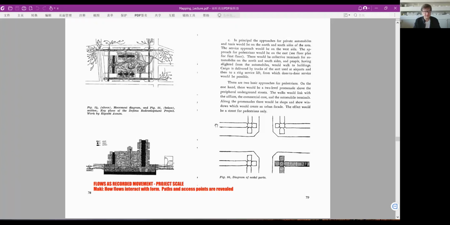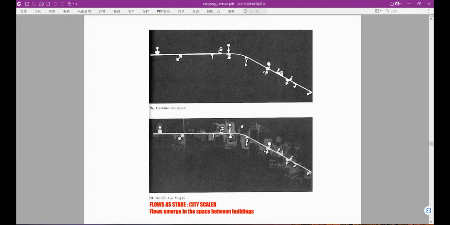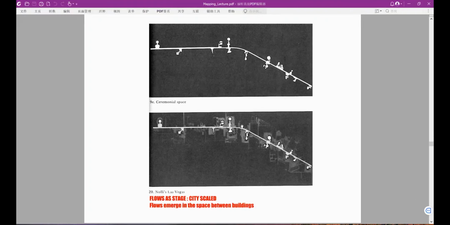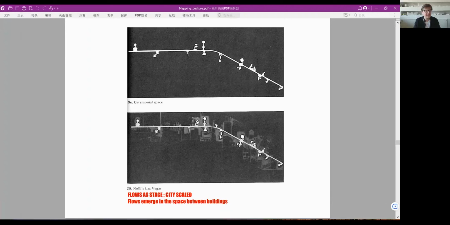Next one. And what does it make? How do you design the spaces? How many people do you expect? Who are the visitors? Do they come by public transportation? Do they come by car, by train, by bicycle? How do they interact with the building? So this is what we call flows as stage on the city scales. Flows emerge in the space between the buildings. Next one.